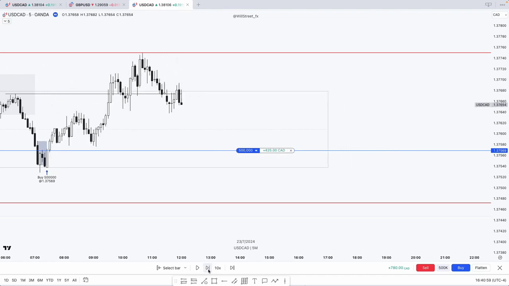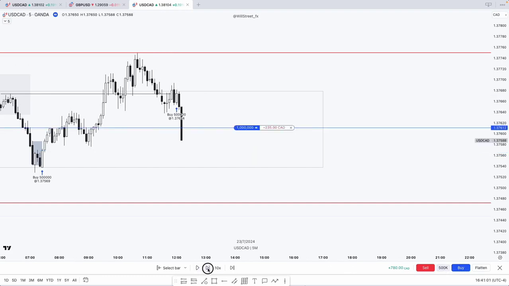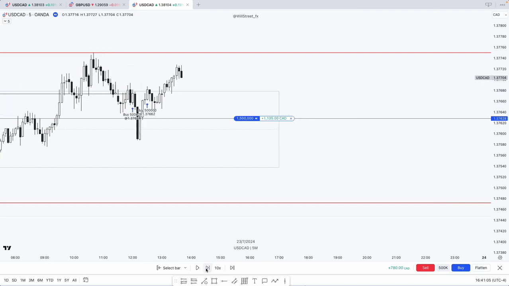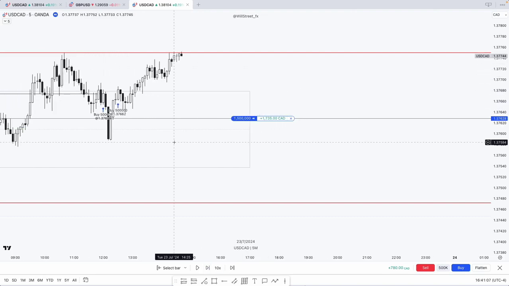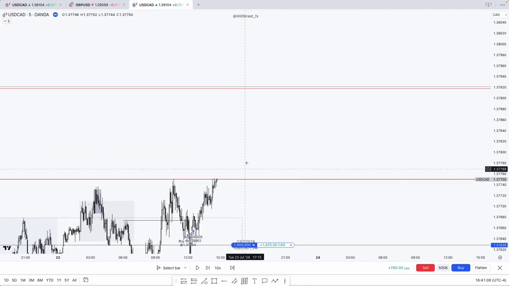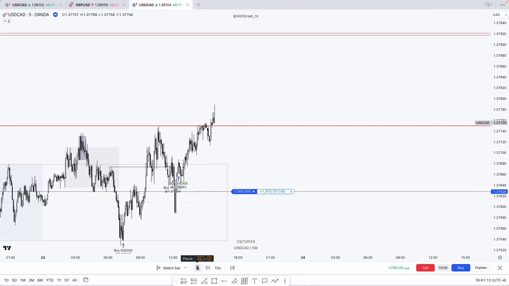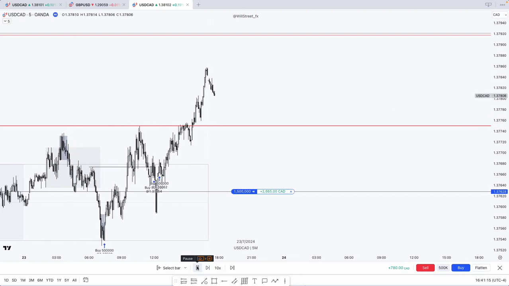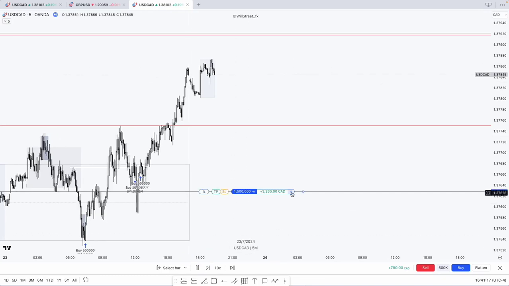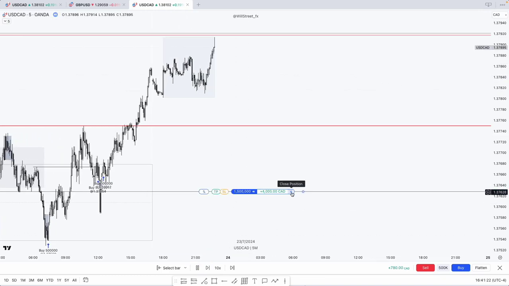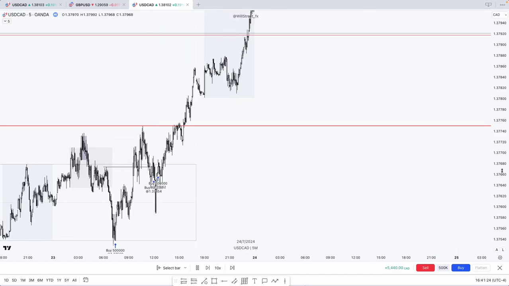By the way, everything is longs. We don't exit here. Why? Because we are so close to the down liquidity. So just let price do its magic. Done.